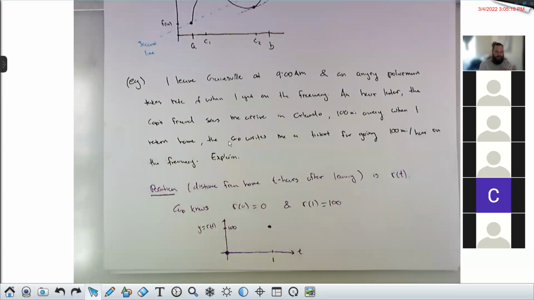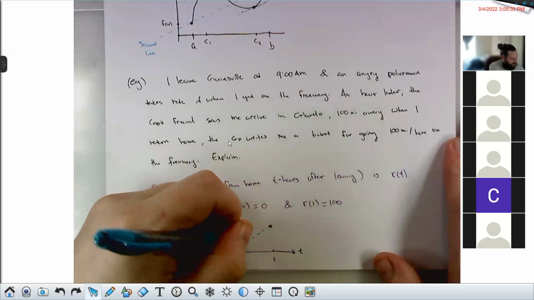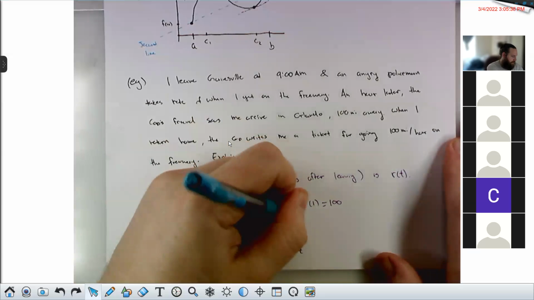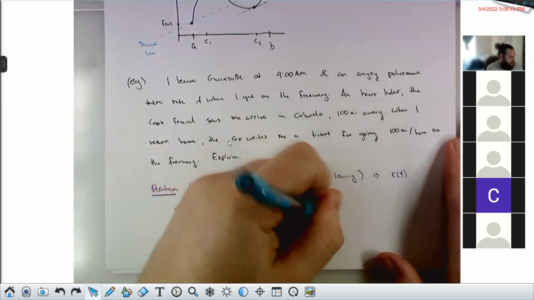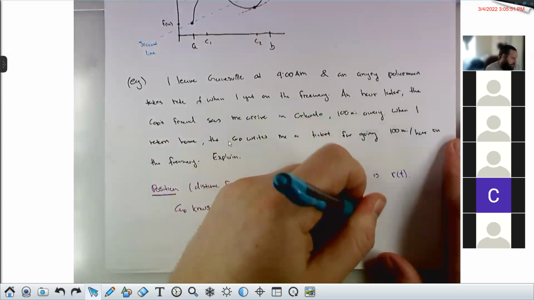But according to the mean value theorem, if you connect these points with any smooth curve, there will be at least one point where the tangent line is parallel to the secant line. So the secant line here has slope 100. R of 1 minus R of 0 over 1 minus 0 is 100 minus 0 over 1 minus 0, which is 100.